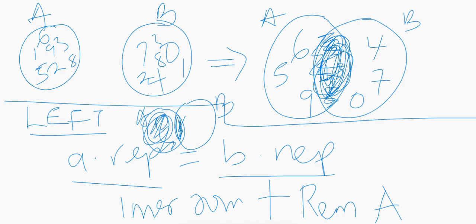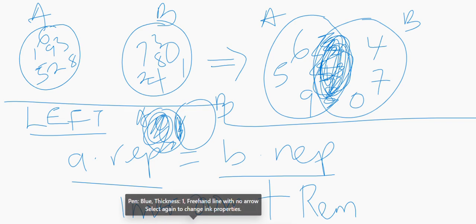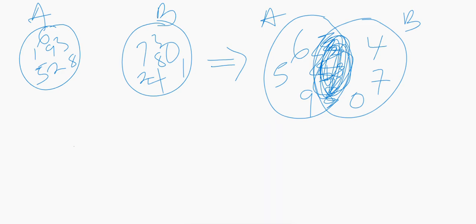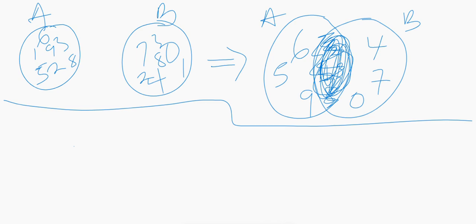Do you get it? Because when we did the inner join, we just took what was common. But now, give me what was common and what is remaining on the left. The same thing is going to go for right. So let's do for right. Let's say right join. It is B that is on my right.